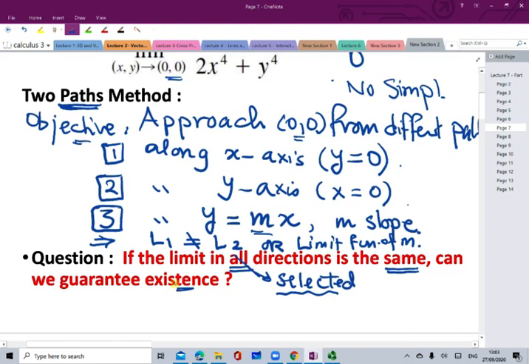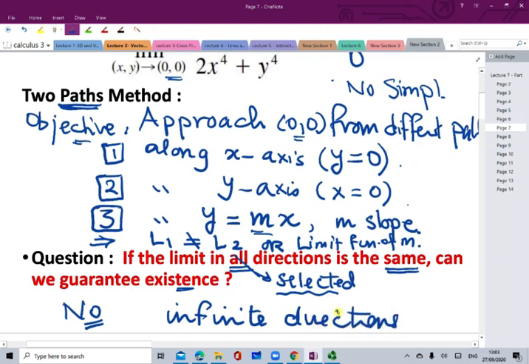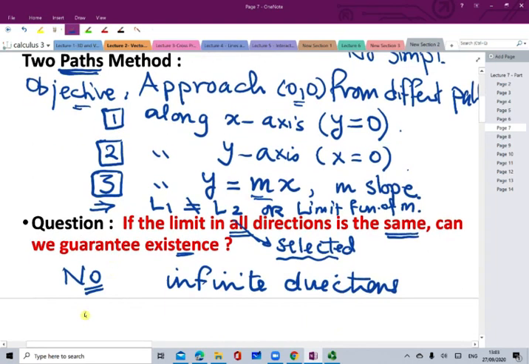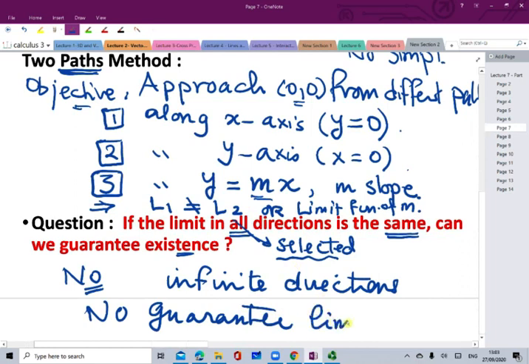Actually, we cannot guarantee existence, because I cannot consider infinite directions. So I have no guarantee that if these simple paths I took give equal limits, then the limit exists. We have another method, we'll take it in a while.